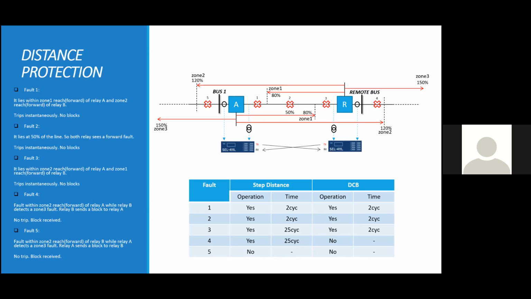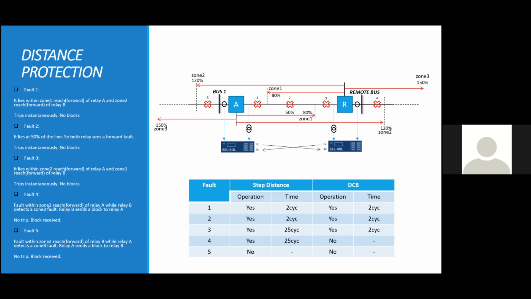But if you consider fault 3, that fault lies within zone 2 reach of our local relay A, and zone 1 of the remote relay R. So both relay A and relay R see the fault in forward direction.